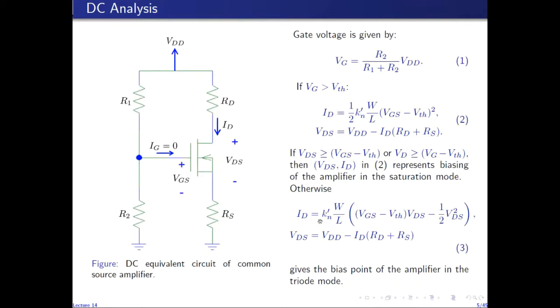If the bias point is given by these two equations, then the NMOS will not be in saturation. So for this common source configuration to act as an amplifier, we should make sure that the bias point is given by the saturation set of equations, because we know that there is no amplification obtained from the NMOS when it is operating in the triode region.